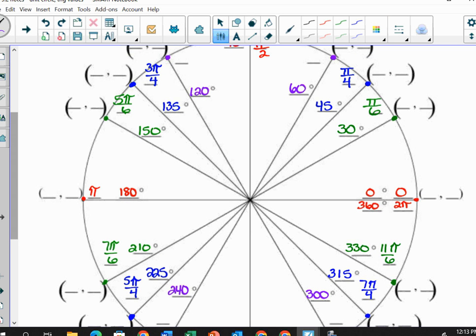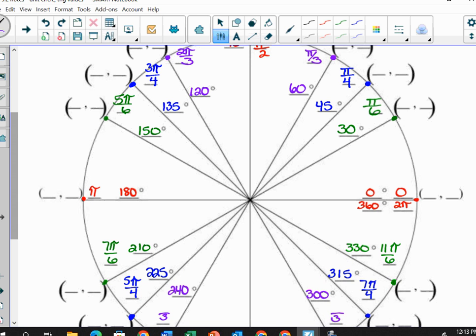All right, 60 degrees. What is that going to be as radians? Pi over 3, yes. So again, I know these are all something over 3. What's the second quadrant? 2 pi over 3, good.